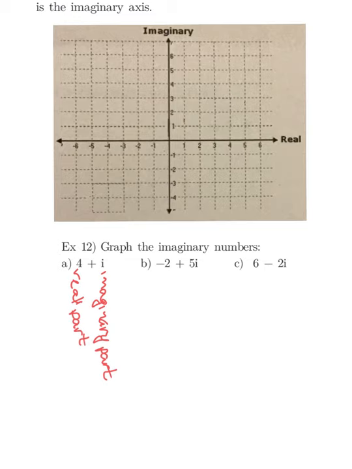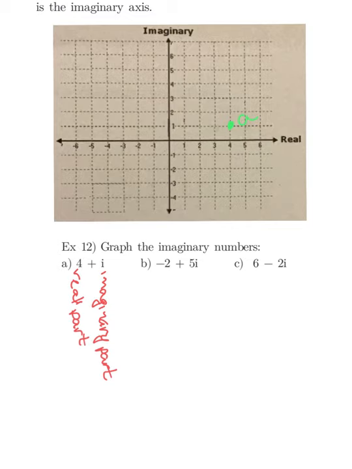So point A, because the real part is 4, we're going to go right 4. The imaginary part is i, which is just one i, so you go up 1. So that is point A. For point B, the real part is -2, so we're going to go left 2.